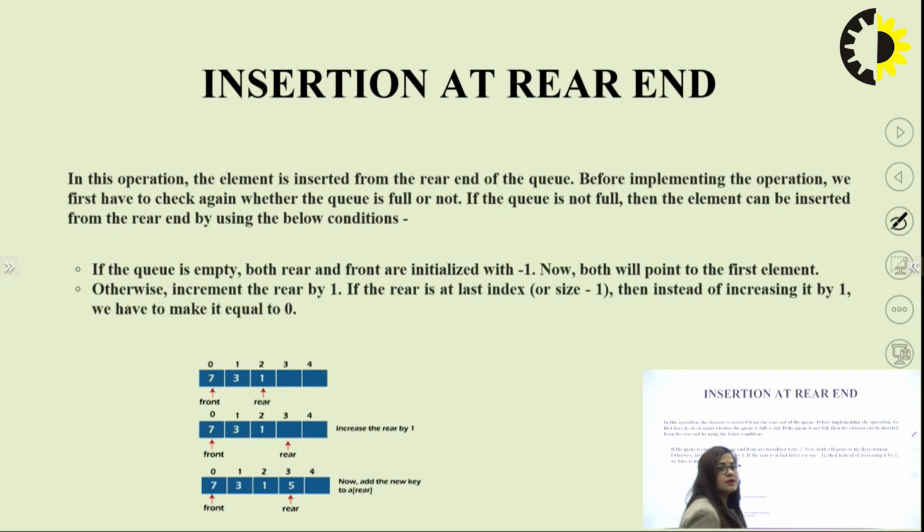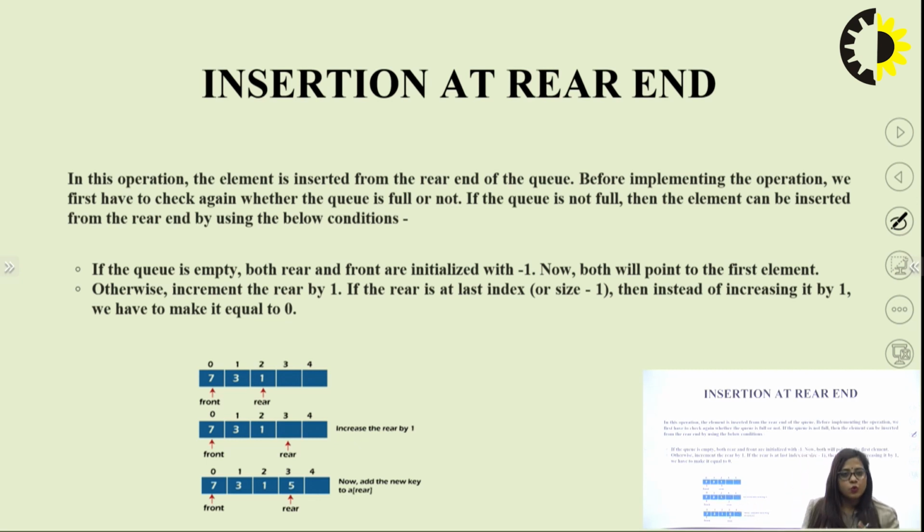Now insertion at the rear end. You want to insert some element at the rear end. Let's take an example again: 7, 3, 1, 3, 4. Front is here and rear is here.